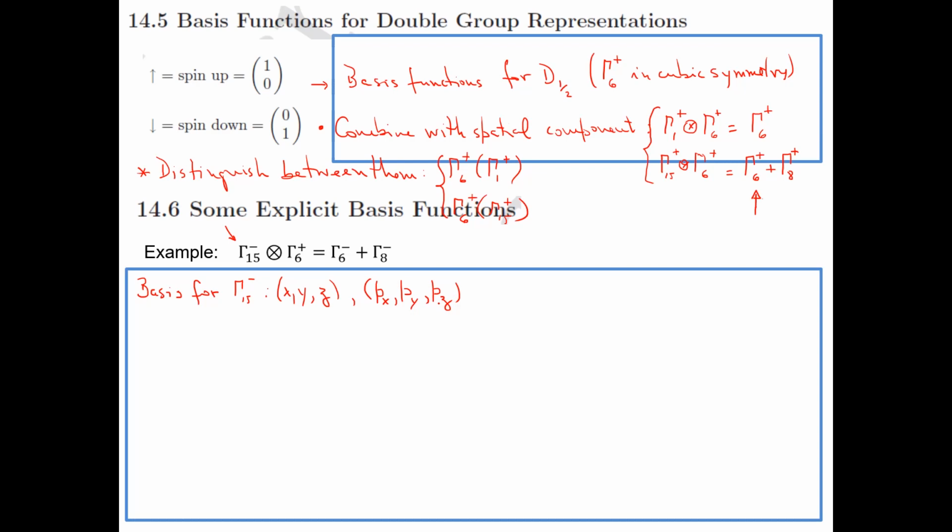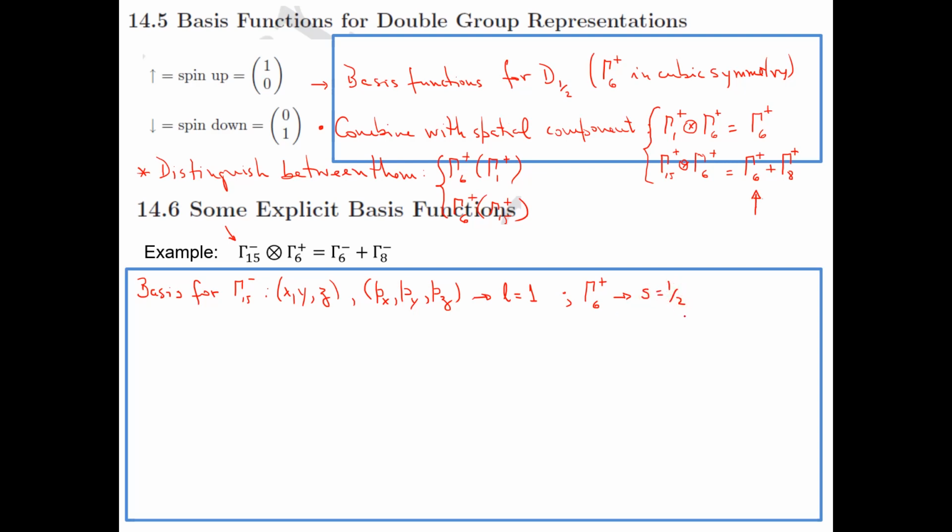So the orbital character of these gamma 15 minus states can be associated to px, py, pz orbitals that correspond to orbital angular momentum L equals 1. And we also know that gamma 6 is a representation corresponding to a spin 1/2 state.